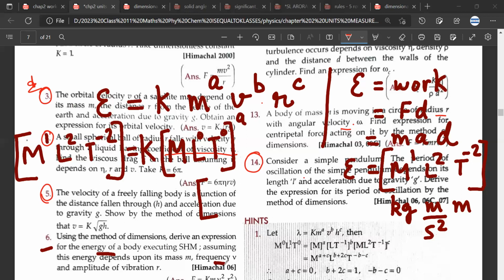Now, for frequency, I know that the SI unit is hertz, and it is always cycles per second, number of cycles per second. So cycles won't have any unit. So the unit would be per second. So hertz is equal to per second.